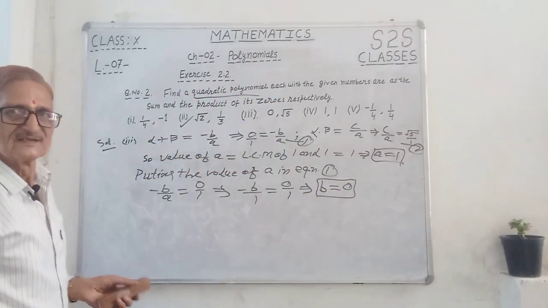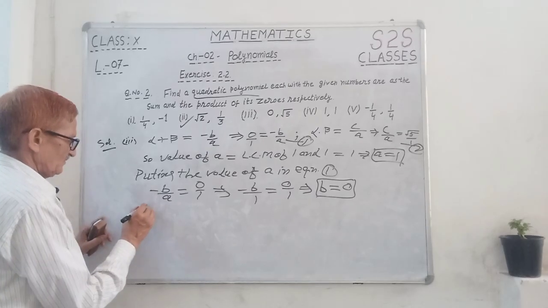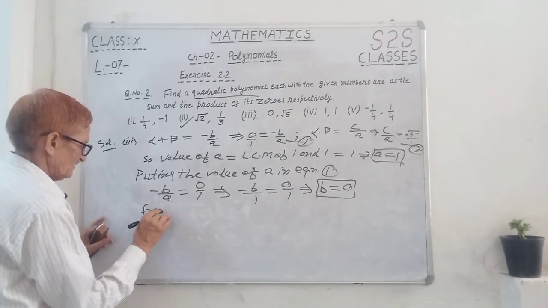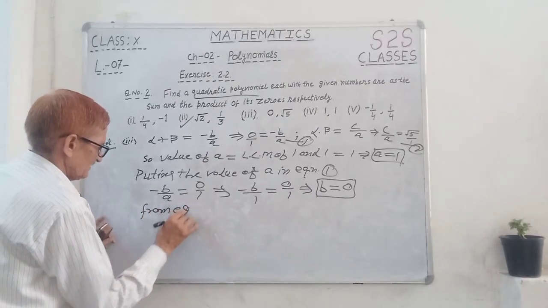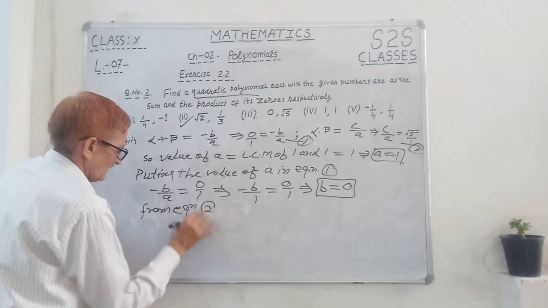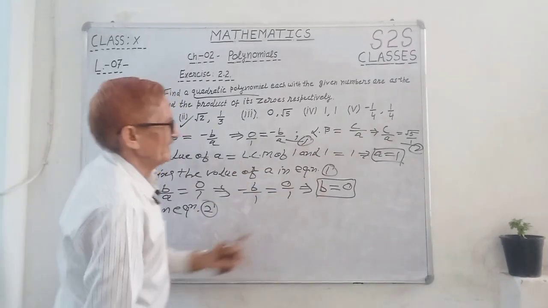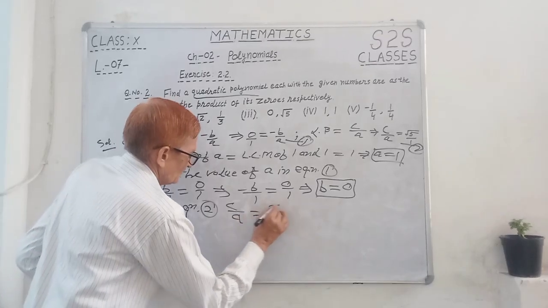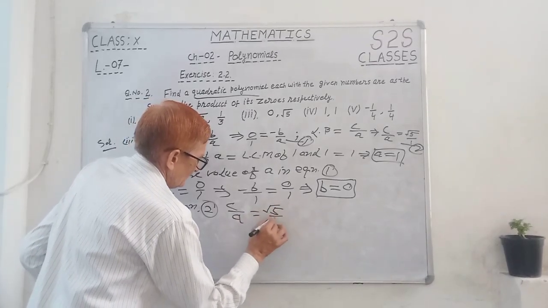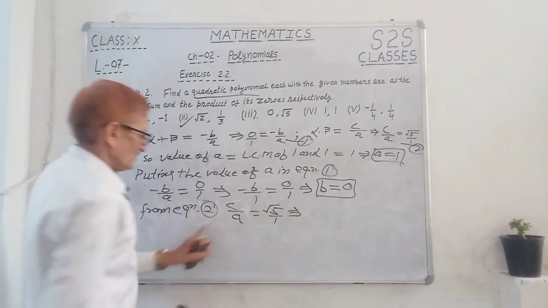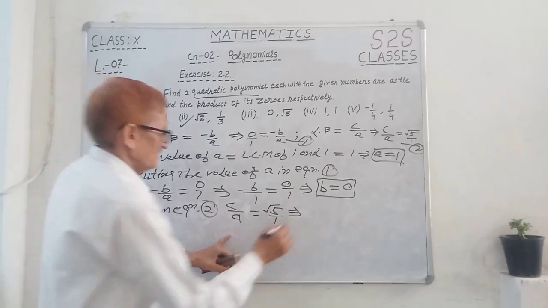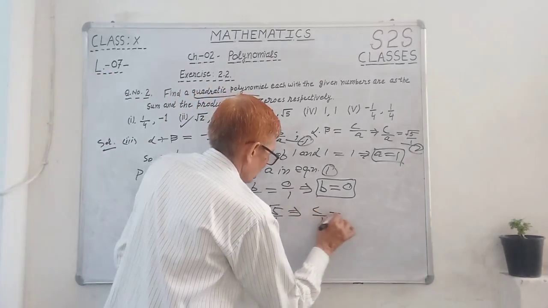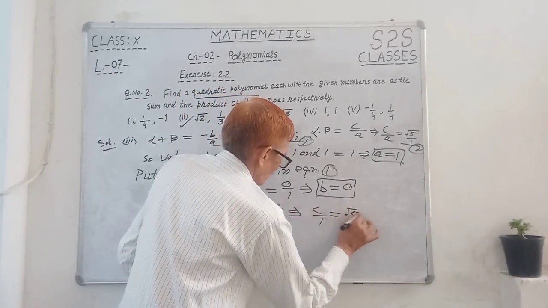Okay. Now from equation second, what is second? c upon a is equal to root 5 upon... This implies putting a here, a value is 1, then c upon 1 is equal to root 5 upon 1.